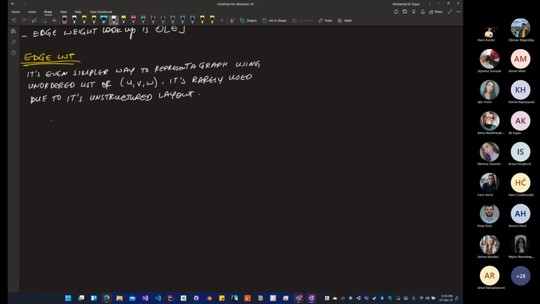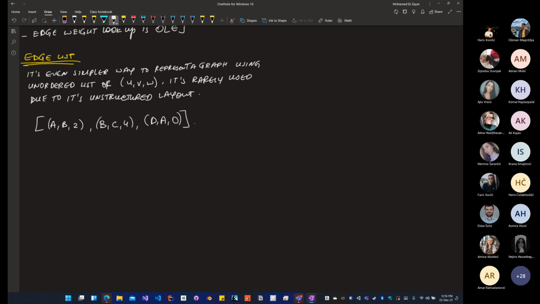So practically speaking, you'd have something like this: an array of A, B, and 2, then B, C of 4, then, for example, D connected to A by, I don't know, 0, for example.